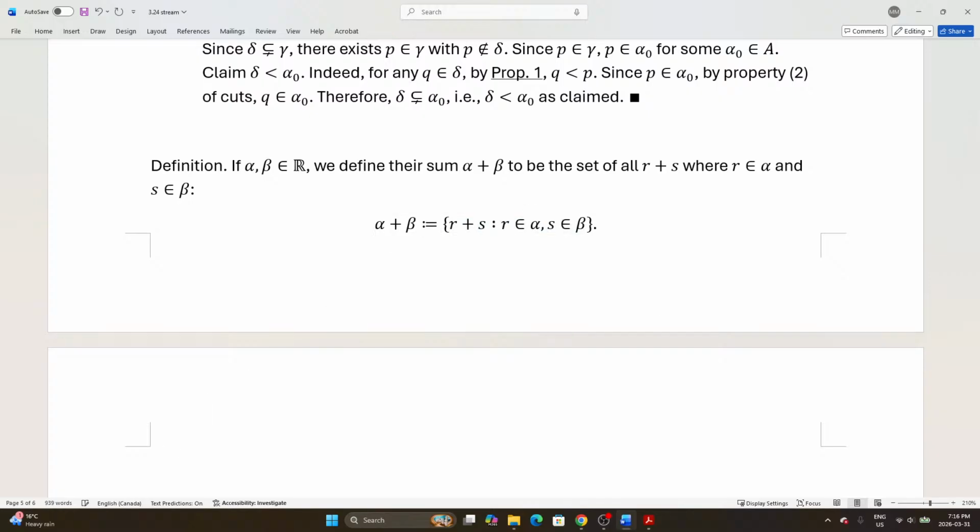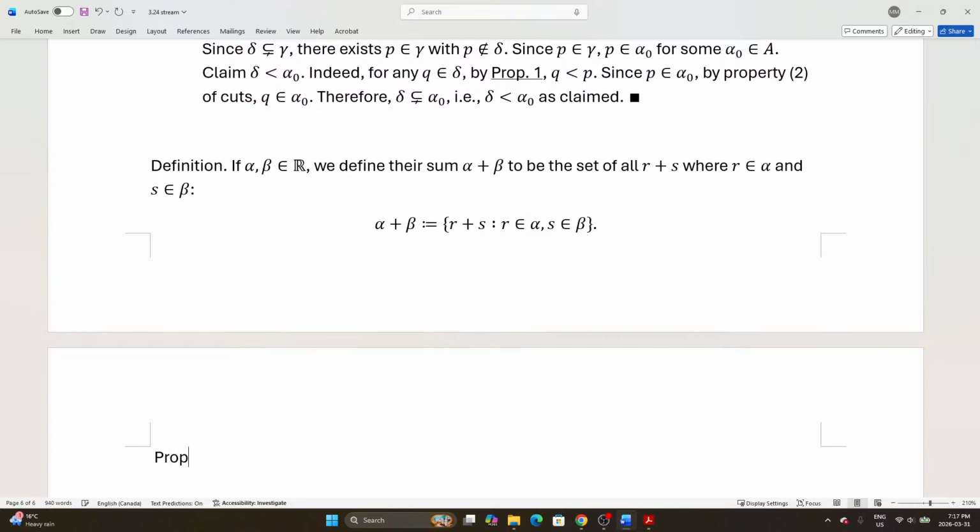Immediately several questions arise. We need to show that this is a cut, and then the addition properties. Let's first show this is a cut, and then we list all the properties that we wish it to hold, and then prove them accordingly.